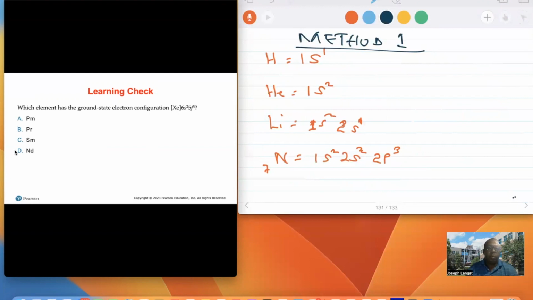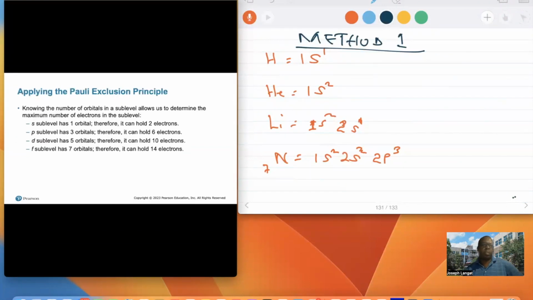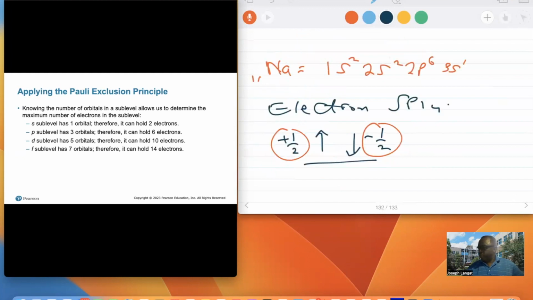And atomic number 60 is D. The correct answer is D as in David.